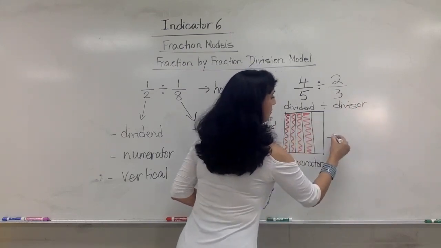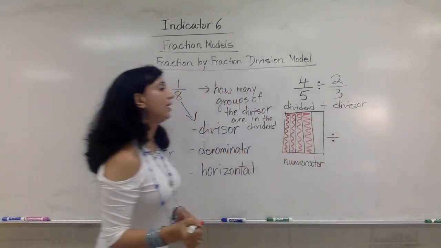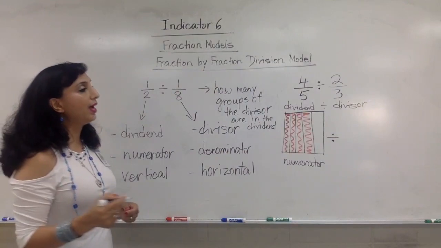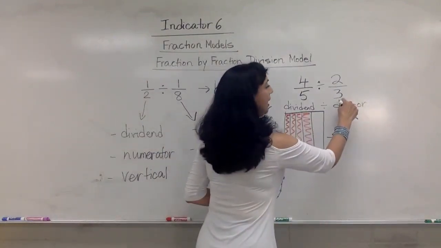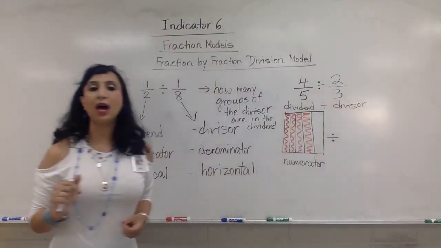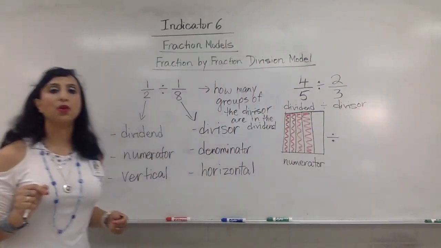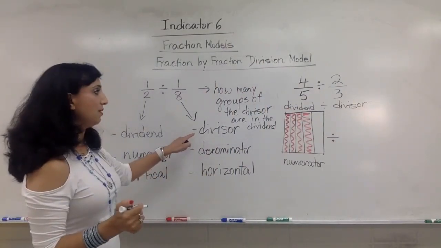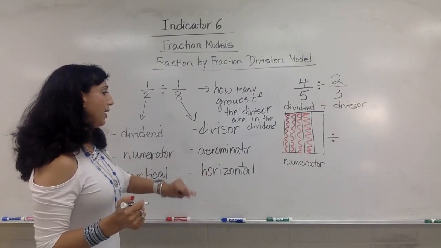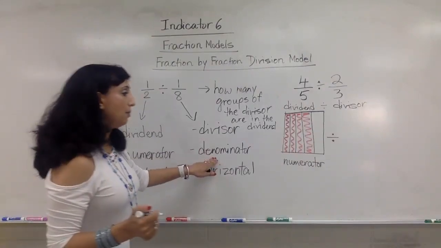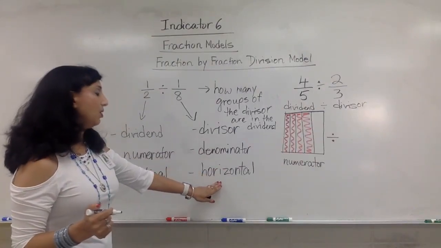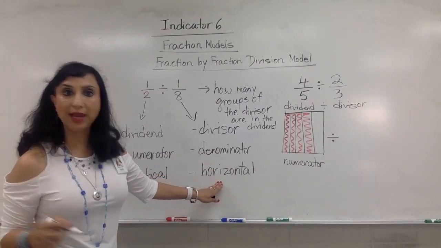So divided by, now I look at 2/3. So again, this determines how many horizontal columns I'm going to make. Because the divisor is going to be my denominator, I look at how many horizontal columns to make over here.